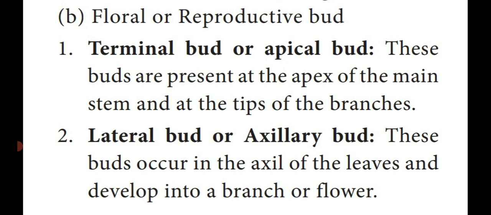I told you the bud which is present at the apex or tip of the main stem is known as apical bud, and also the tip of the branches possesses a bud known as terminal bud. Next one, lateral bud or axillary bud. The bud which is present in the axil of the leaves that develops into lateral branches, or it produces the reproductive organ known as a flower. So these are the two types of buds based upon the origin.